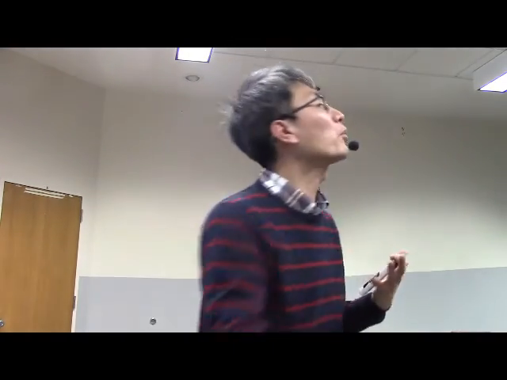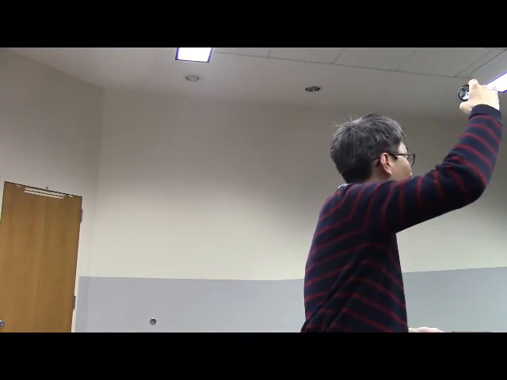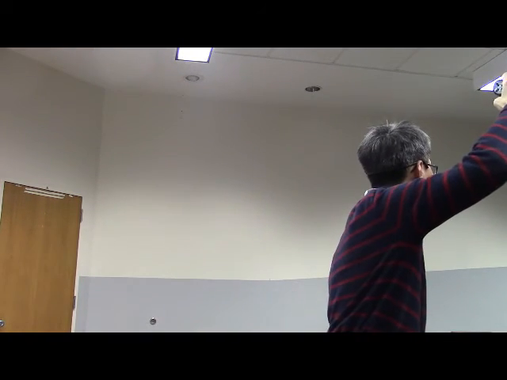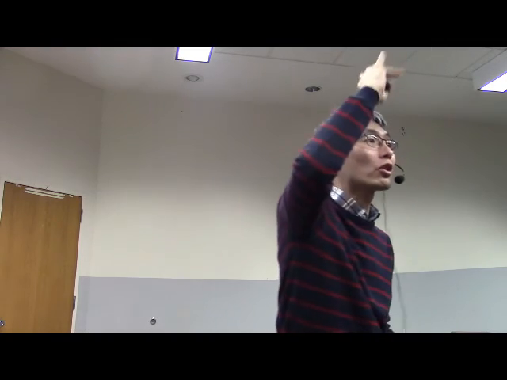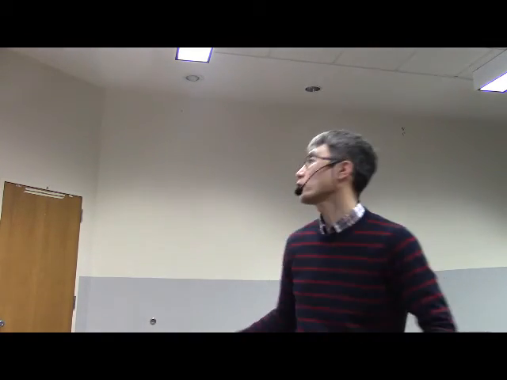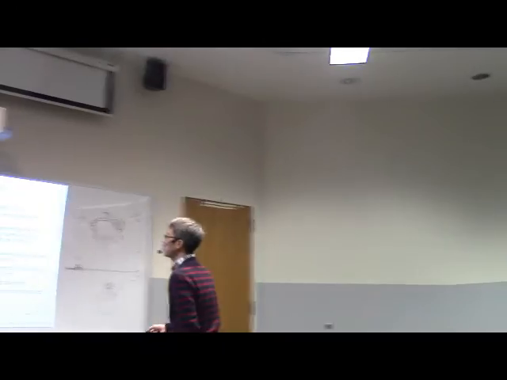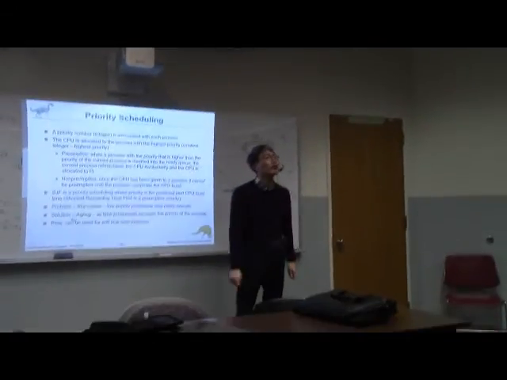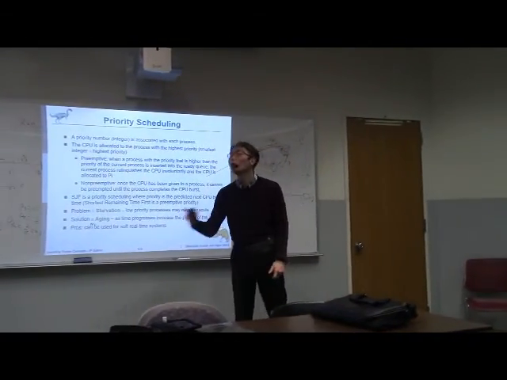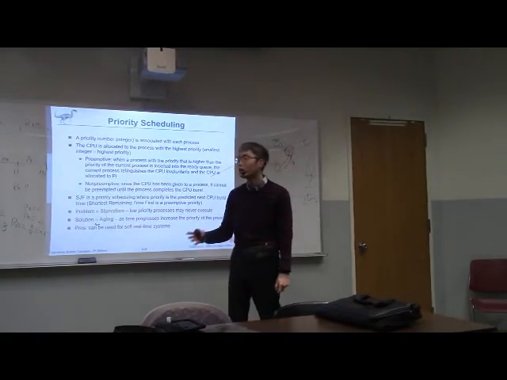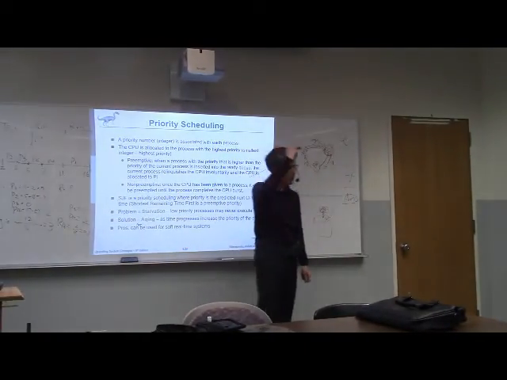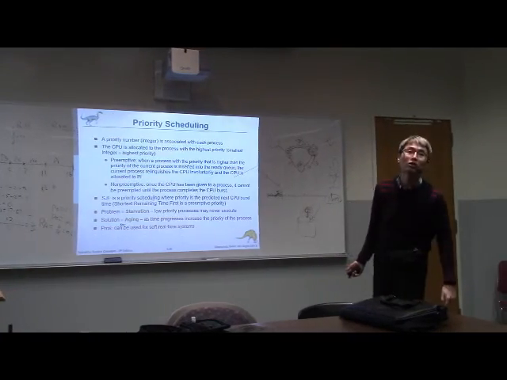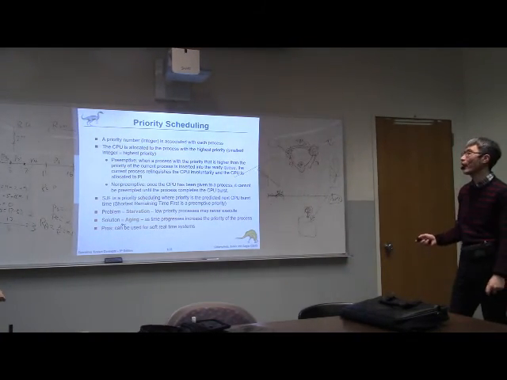Still no chance for the next 10 minutes, then upgrade the priority to junior. Still no chance, finally senior, the highest level. Then eventually the student will meet the professor. That is called aging. So based on how long the process is waiting, you can give it a higher priority. This is a general solution in any priority-based algorithm.